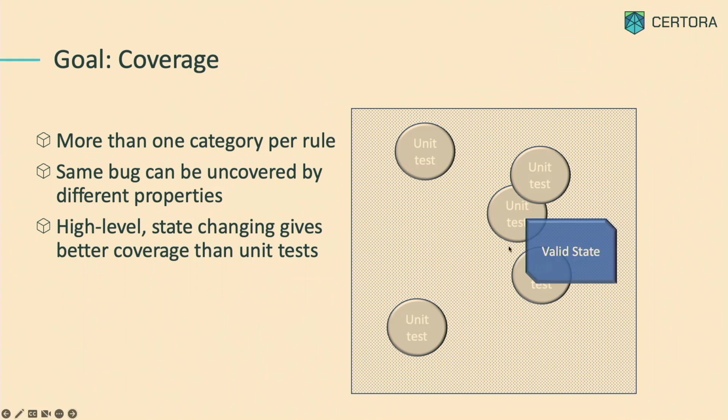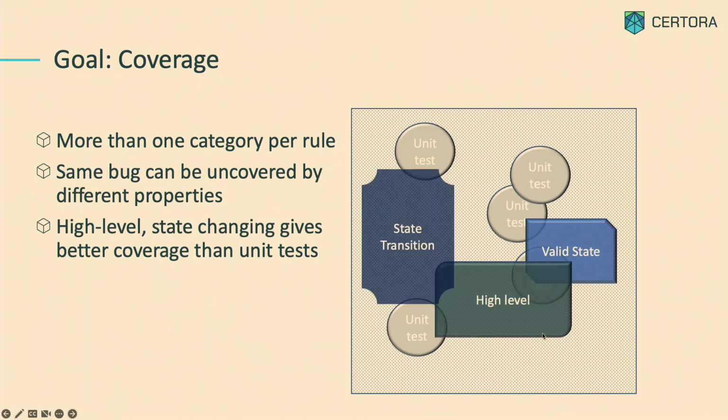And then I can have additional valid state rules that might also cover something that is already covered, but they probably will cover more. And I can have my high level and my state transition covering a little bit more, and another valid state. And my goal is to get as much coverage as possible.